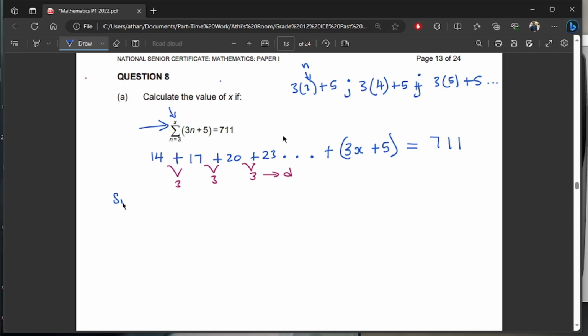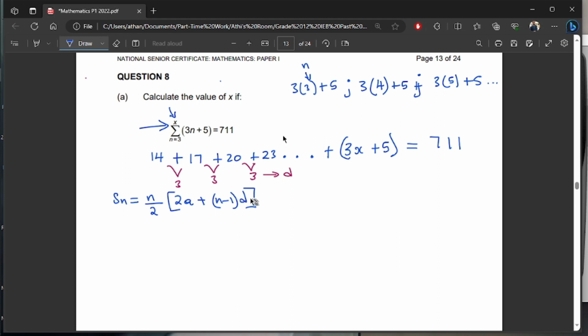So I'm going to write down the formula I know for an arithmetic series: Sn is equal to n over 2 multiplied by 2a plus (n minus 1) times d. I'm hoping that you are going to get a formula sheet here.